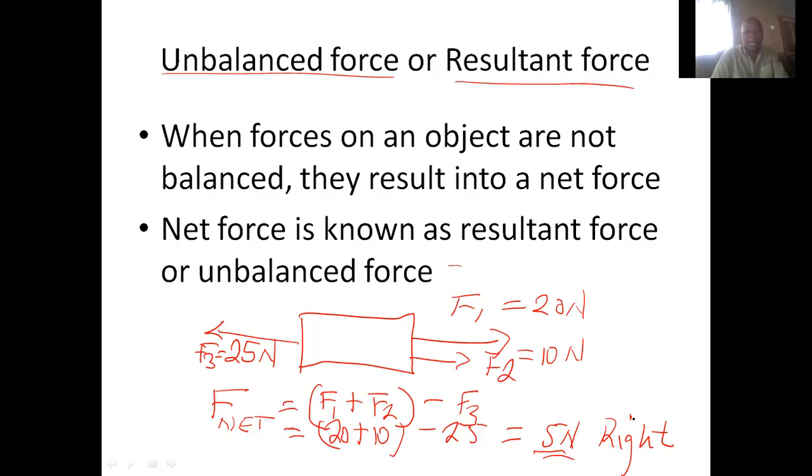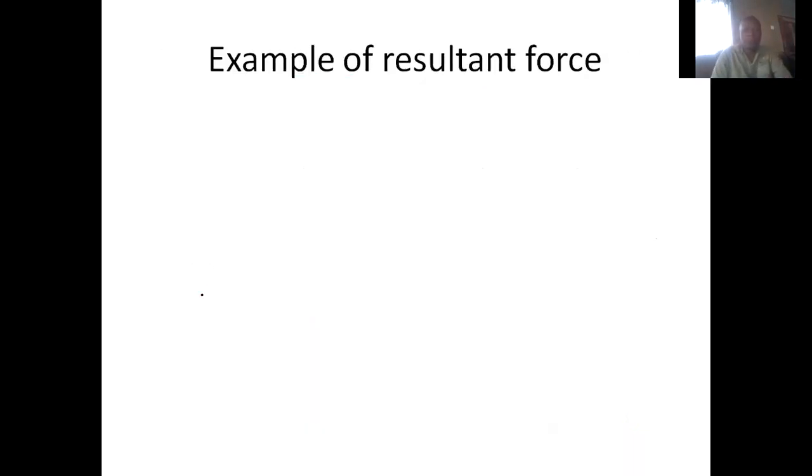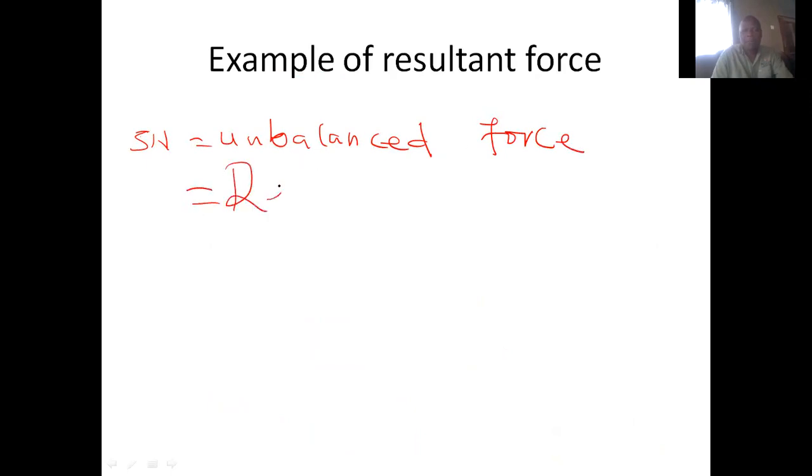This unbalanced force, the 5 newtons that we found, is also known as the resultant force.